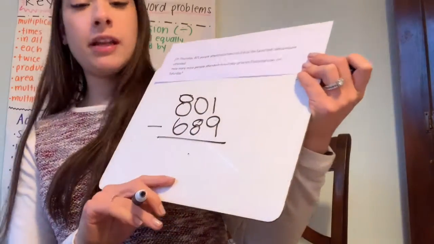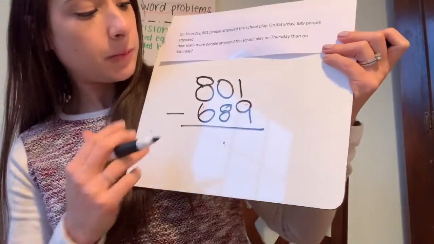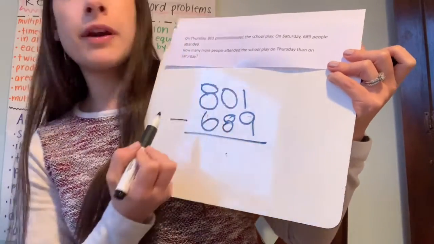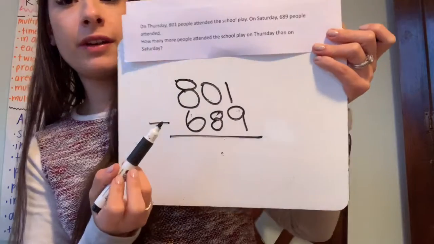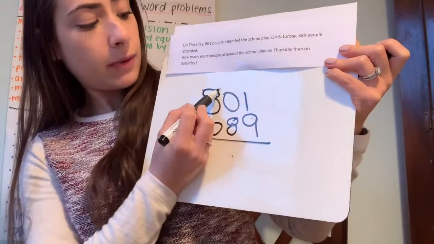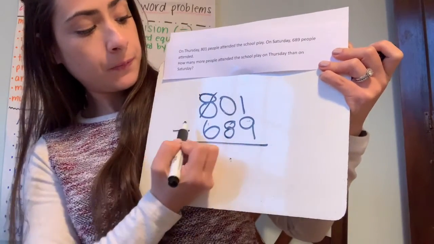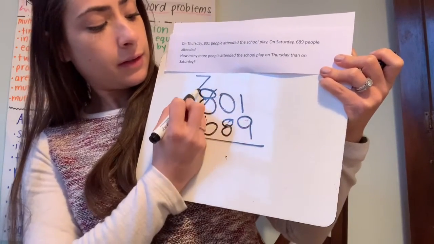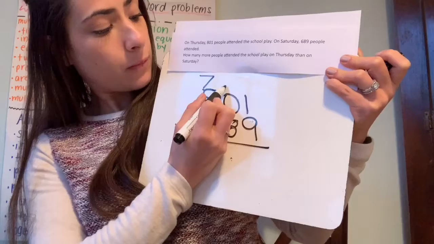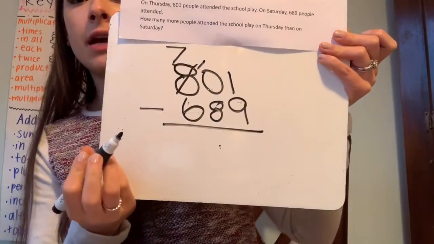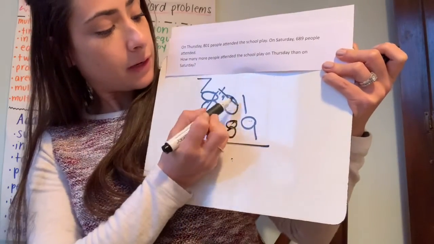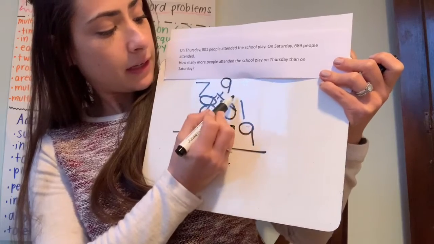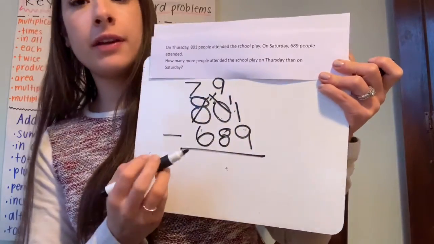So I can already tell I'm going to need to do some regrouping in this problem. More on the floor, go next door. But next door doesn't have anything, so I'm going to go to my next door neighbor. I'm going to use 7 hundreds here. Bring that over here. Now I can regroup from here. 10 becomes a 9. Now we have 11 minus 9.